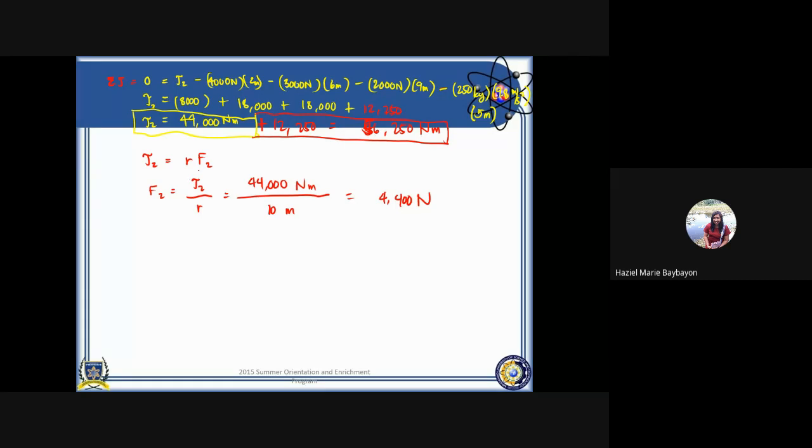Now to find F2, which is ang gipangita, no? Si F2. So i-divide lang nato si torque 2 og R. So 56,250. Dito siya may erase, we cannot erase it anymore.